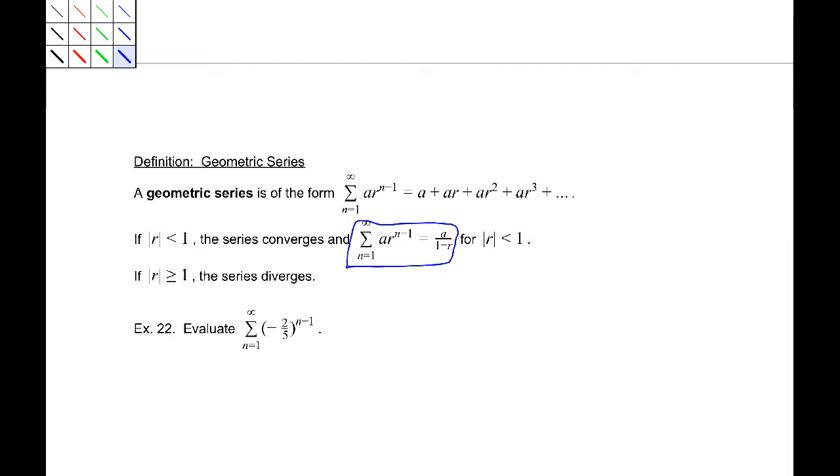If the absolute value of r is greater than or equal to 1, the series diverges. All right, so first let's look at this one right here. The absolute value of our ratio, -2/5, is definitely less than 1. So this is going to be equal to a, the first term here, which is 1, divided by 1 minus r, -2/5.